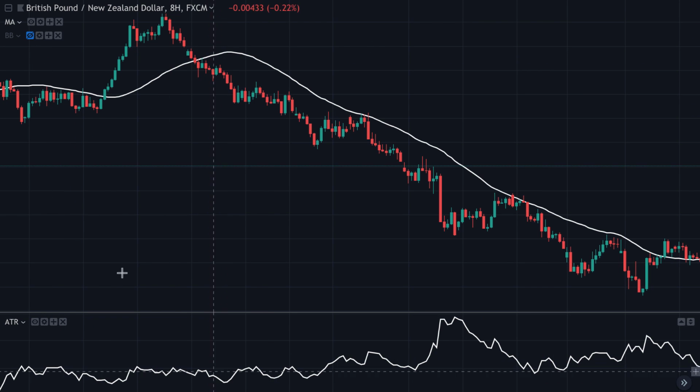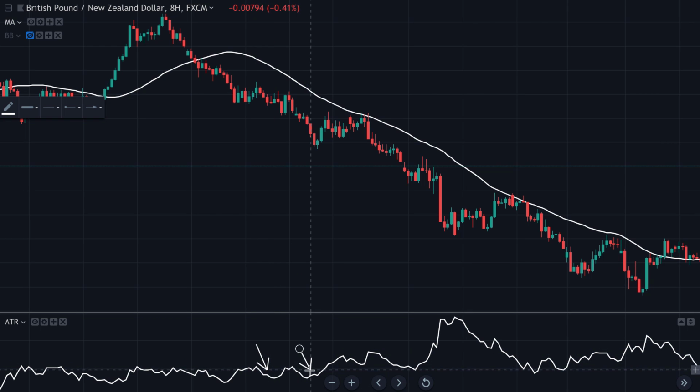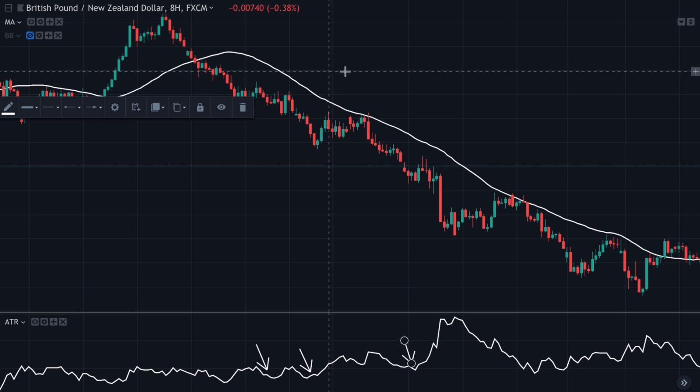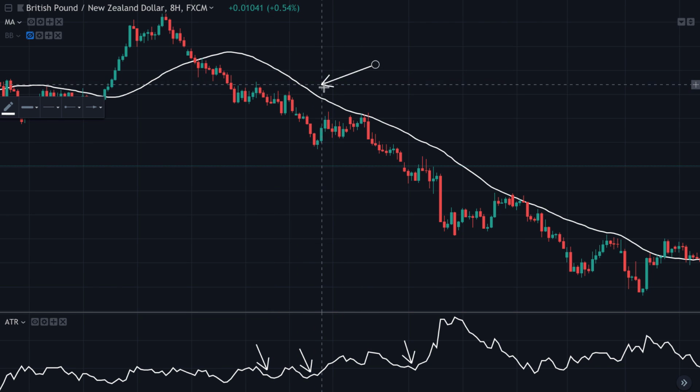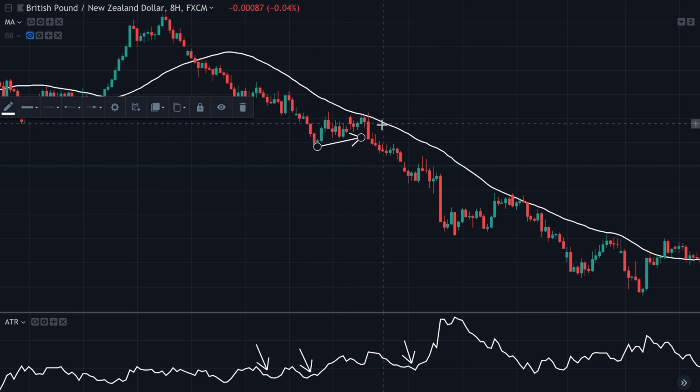So when the ATR is quite low, such as here and here, then you would usually move your stop loss closer to the moving average. But you can see as soon as the ATR increases, which also coincides often obviously with pullbacks where volatility generally increases here as well, then you would use a wider buffer between the moving average and the stop loss.